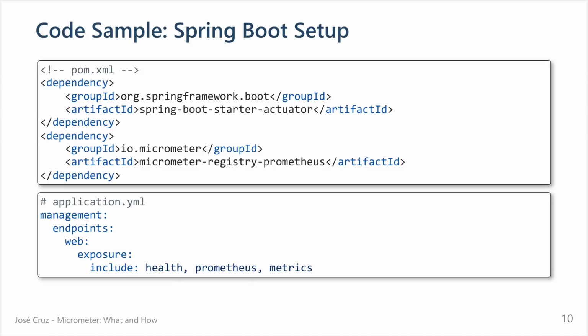If you are using properties, it's the same, you just use dots after management and after the points. So management, endpoints, web, exposure, and you include health, Prometheus, and metrics. Prometheus only exists here because of this dependency, otherwise it doesn't exist by default on Spring Boot. But metrics exists by default on Spring Boot.